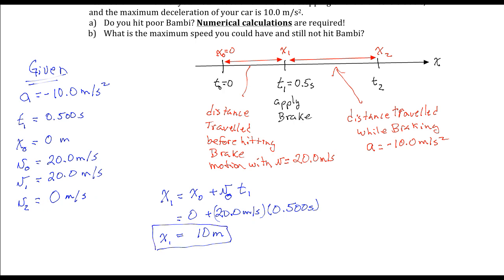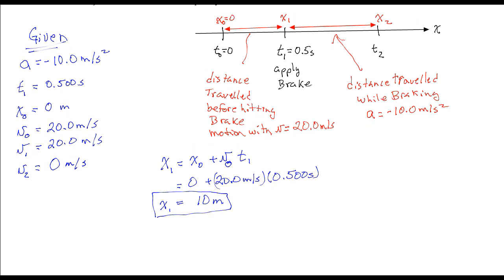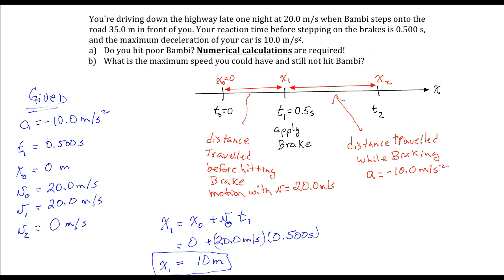Now, that's the distance we traveled before we hit the brake. Once we've traveled that distance, we hit the brake. Then how far do we go? Well, it's motion with constant acceleration. We want to find the distance, and what we know are our initial and final velocities.